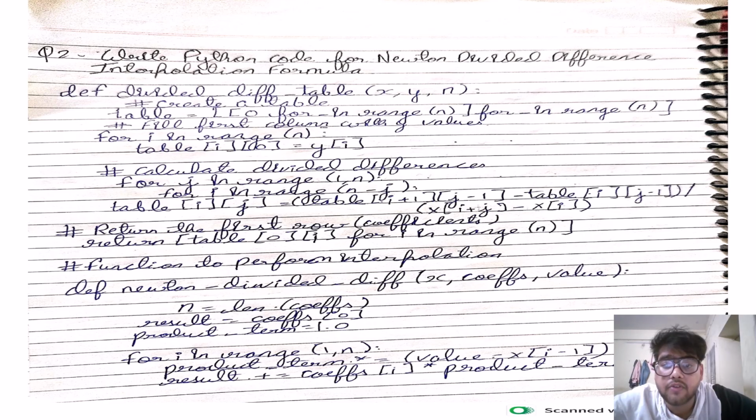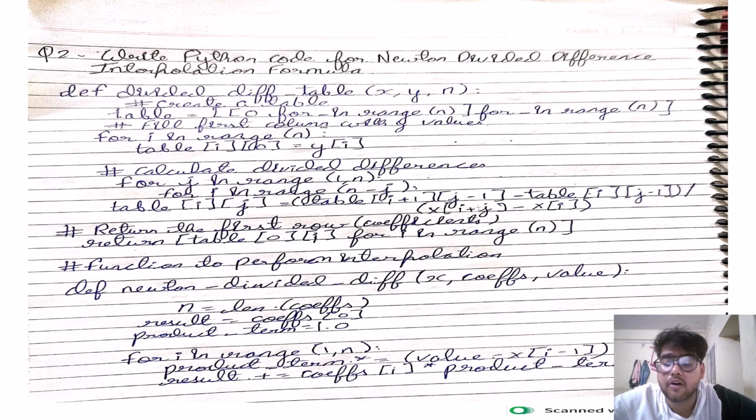In the second question we will write Python code for the Newton divided difference interpolation formula. In this we will have two functions. The first will be the divided difference table, and the second function will be Newton divided difference.